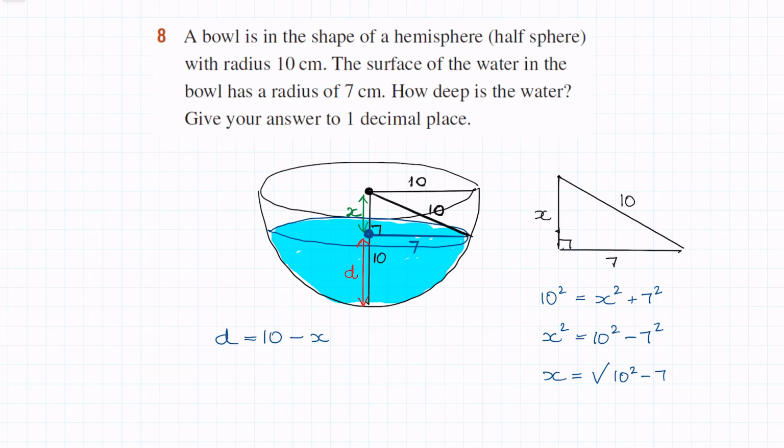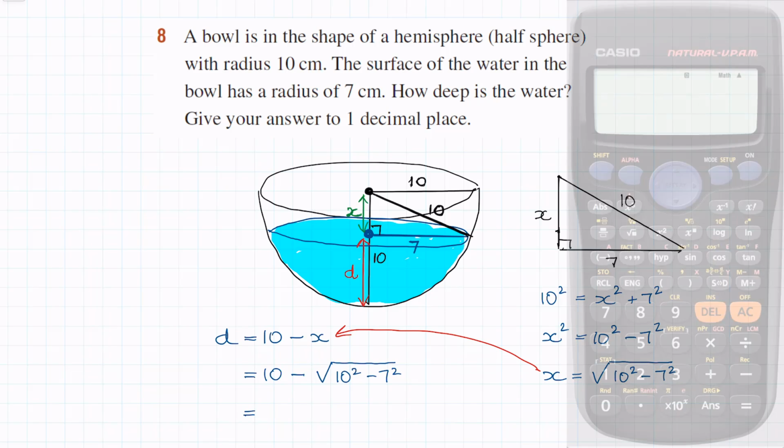Now that we have x, we can plug that into the formula that we came up with for d, the depth, and then we'll have our answer. So d is equal to 10 minus x, and we just worked out that x is the square root of 10 squared minus 7 squared. So this is what we'll plug into our calculator.